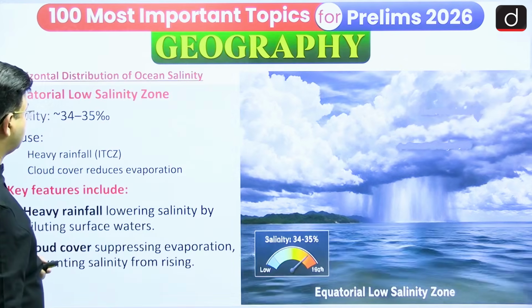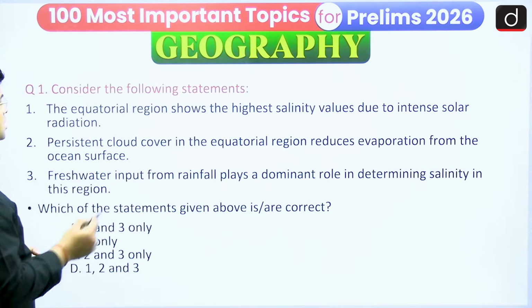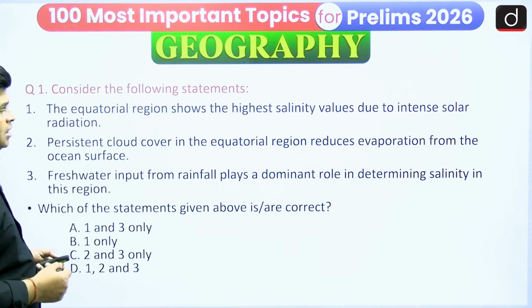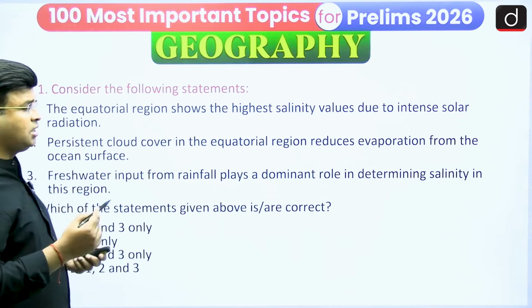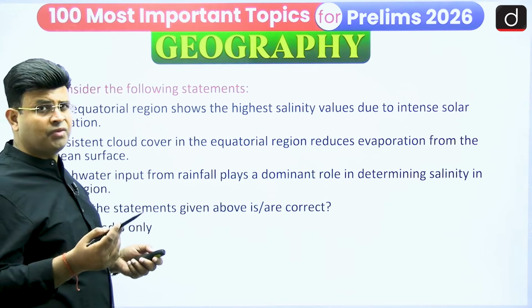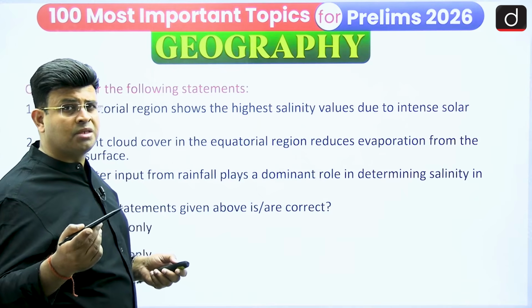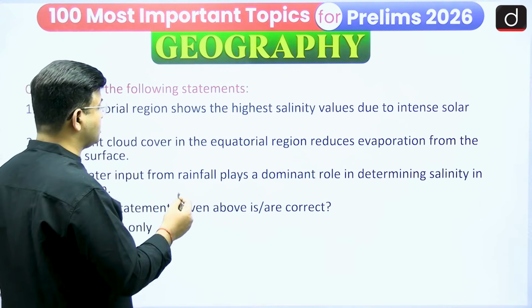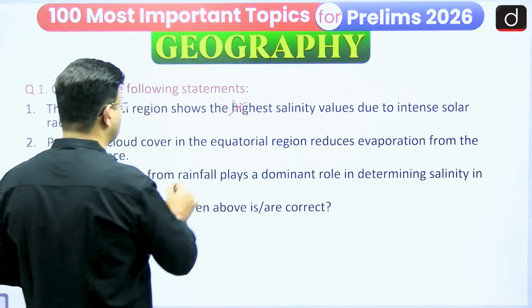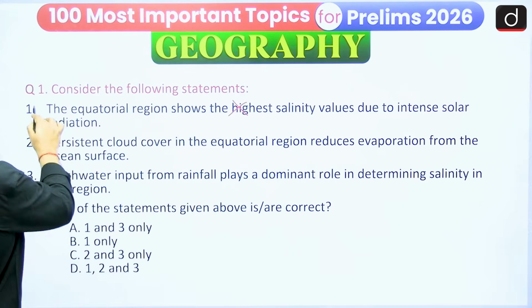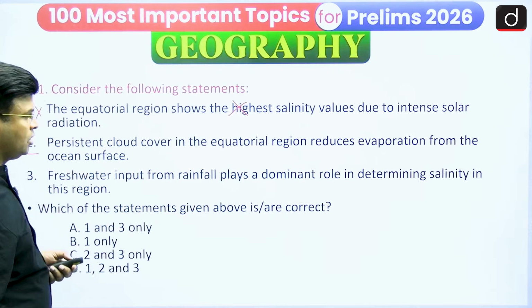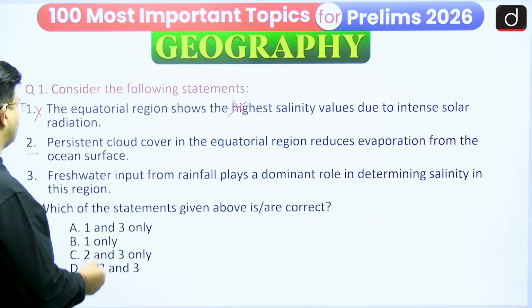Next, consider the following statements. The equatorial region shows the highest salinity values due to intense solar radiation. Equatorial salinity is not the highest, it is 34 to 35. The subtropical zone has 36 to 37, around 36.5, so this statement is wrong. Second, persistent cloud cover in the equatorial region reduces evaporation from the ocean surface.